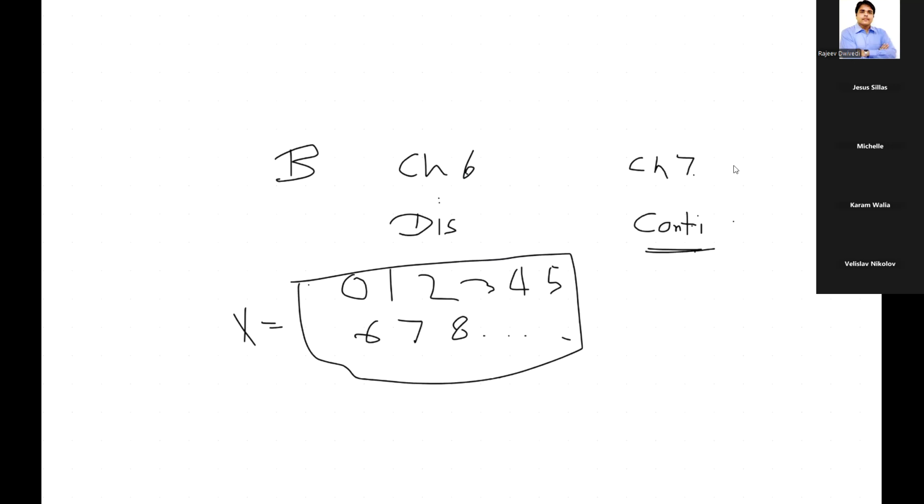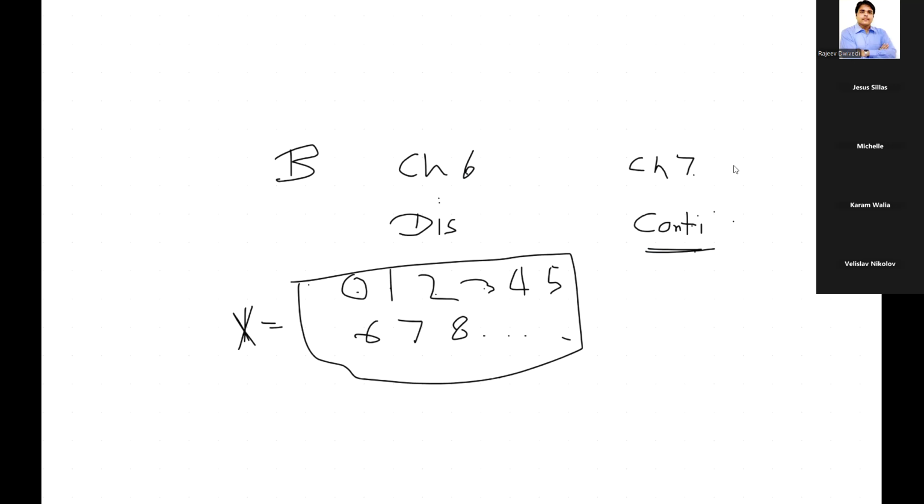So in a discrete distribution, we find the probability of event 0, event 1, event 2, event 3, 4, meaning the x value we need to identify.